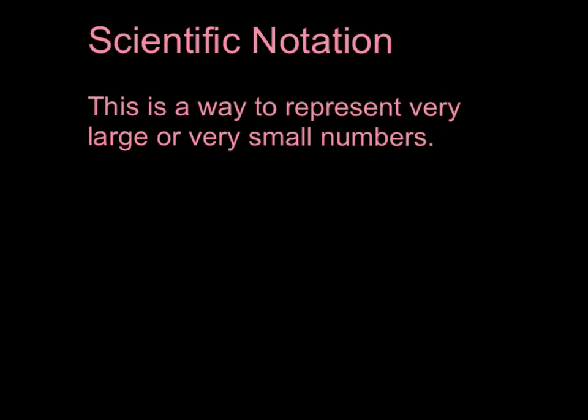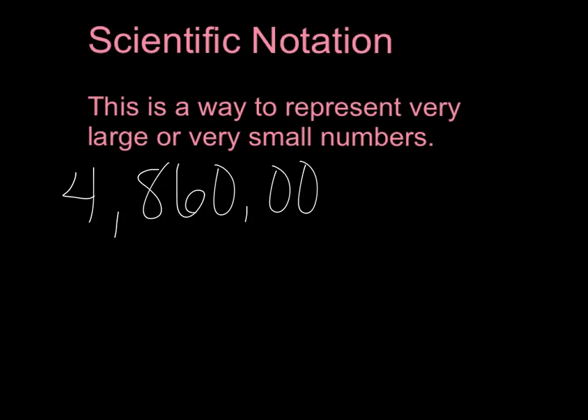Scientific notation is a way to represent very large or very small numbers. What do you mean, Miss Griffith, right? Well, let's say, for instance, we had a number that looked like this: 4,860,000,000.